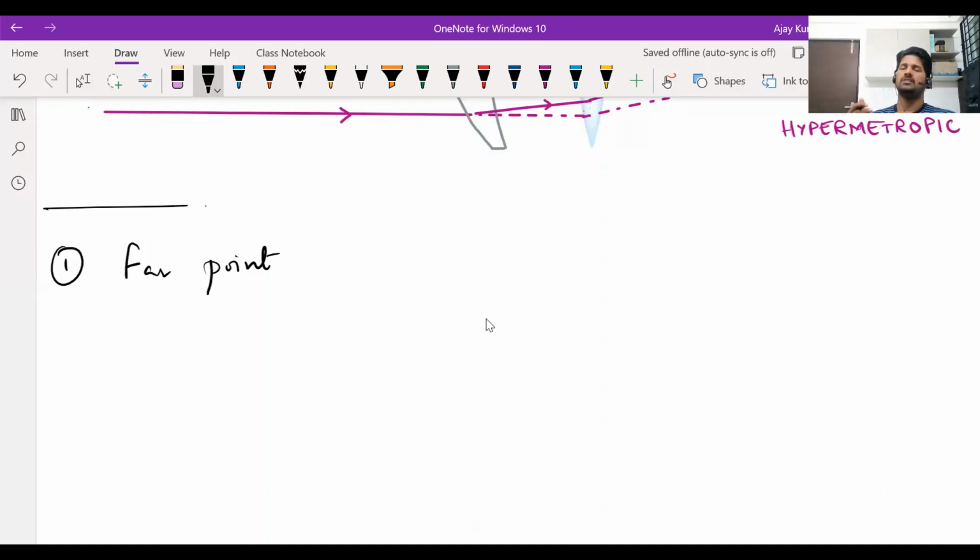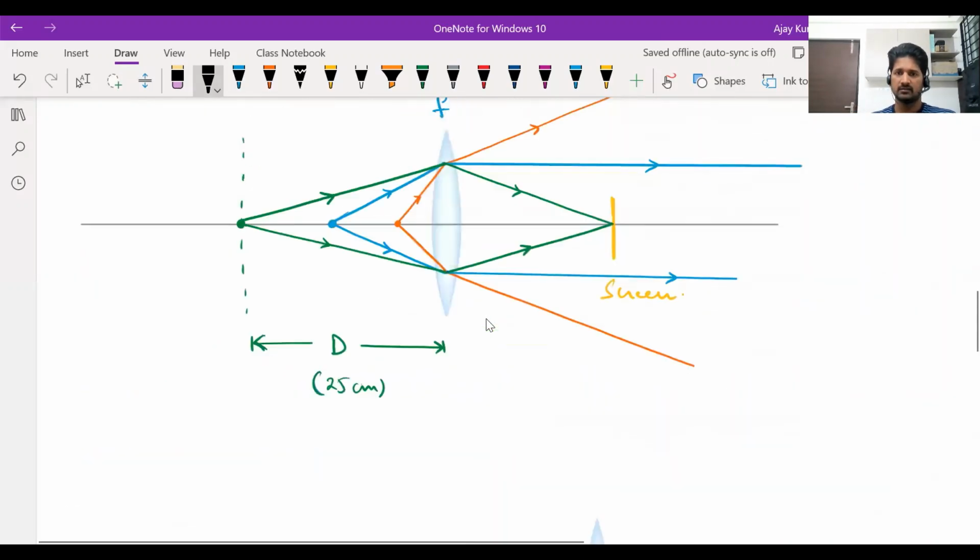To see nearer objects, or objects which are at finite distance, there will be a stress on the eye. Usually when you sleep, your eye lens will adjust its focal length such that you can see objects at infinite distance. It means the focal length of your eye lens becomes approximately equal to the distance between the lens and the retina.